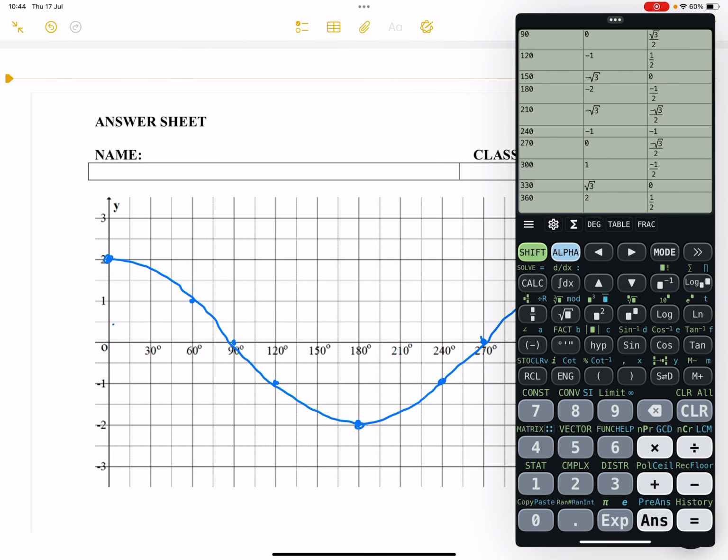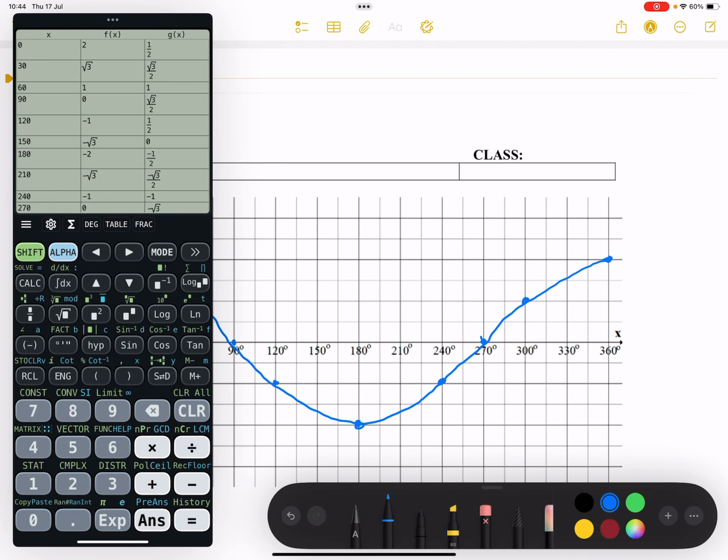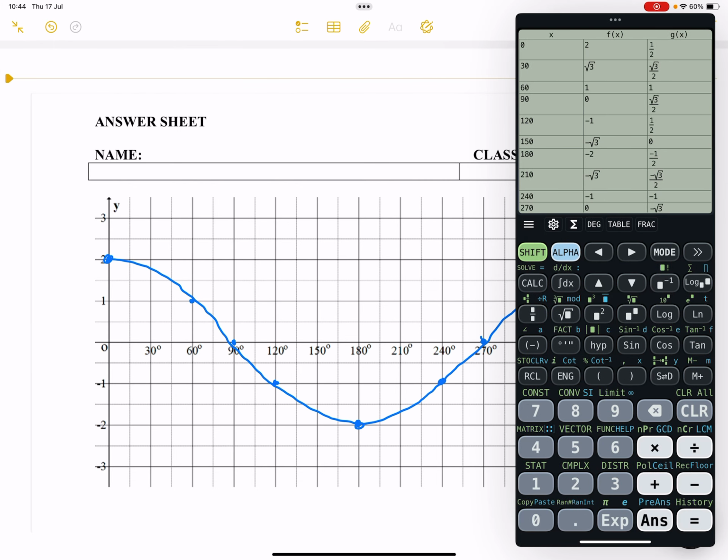Now for the next graph, we know that for g of x at 0, the graph is 1 over 2. I'm going to try and use a different color for that. And ladies and gents, try to be as meticulous as possible here. So that's going to be 1 over 2. There's my first point.